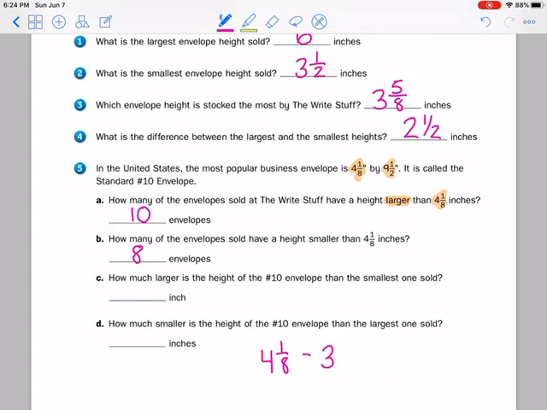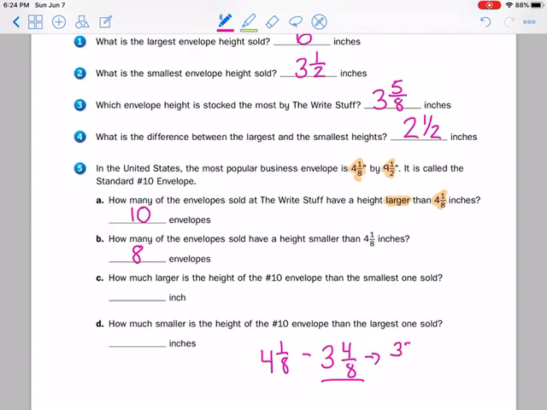But we have to change that half so it has a denominator of 8. And I would change them both to an improper fraction.